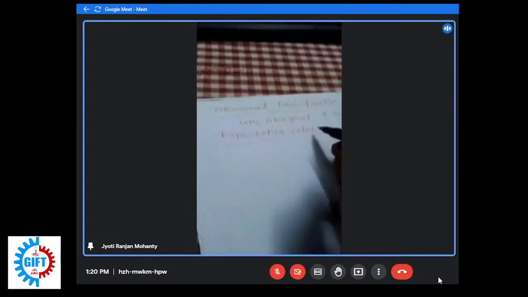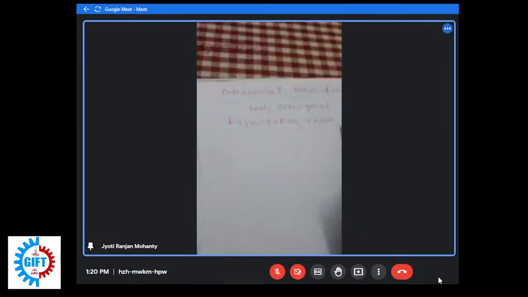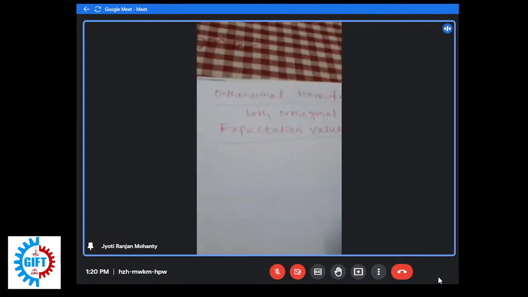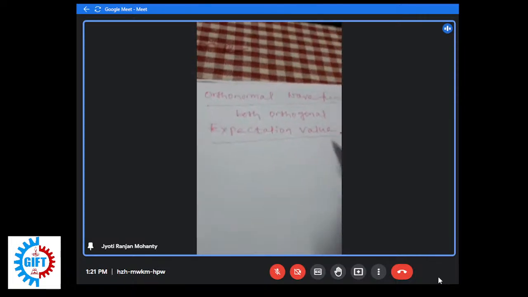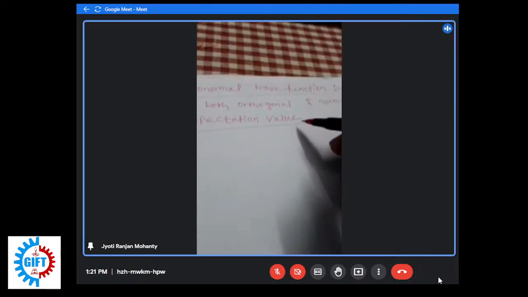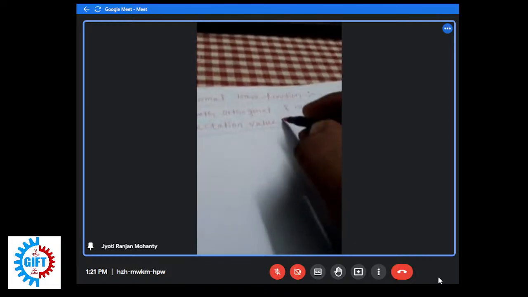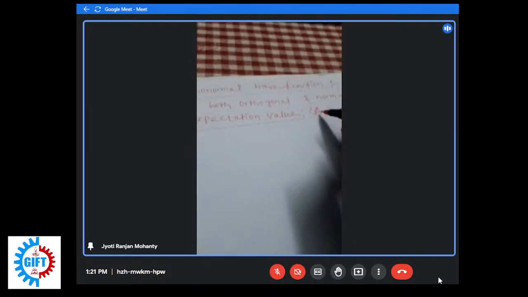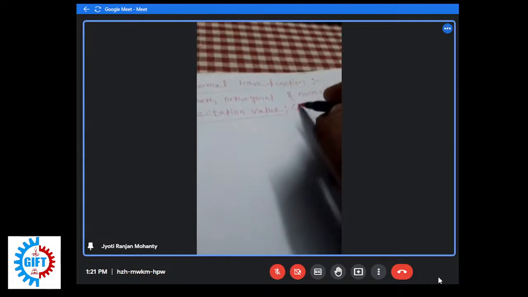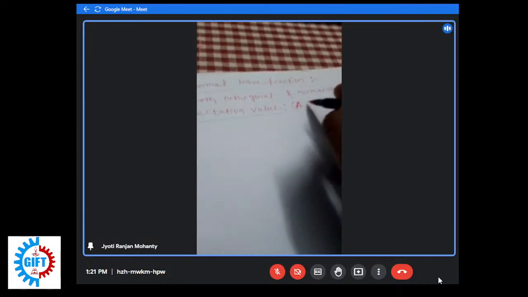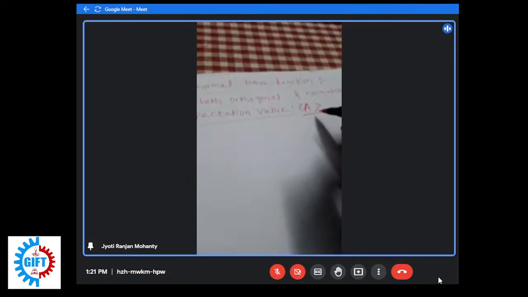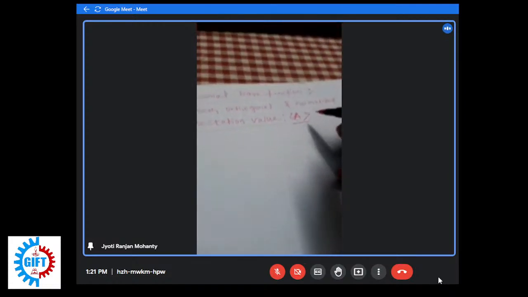Next is expectation value. Next write expectation. Expectation value means this is the symbol of the average. If A is the physical quantity, when you put this bracket around it, it is denoted as the expectation value.